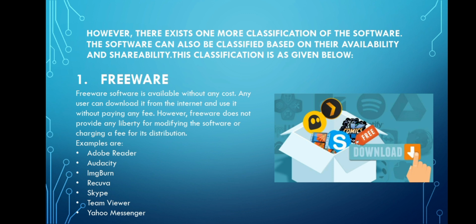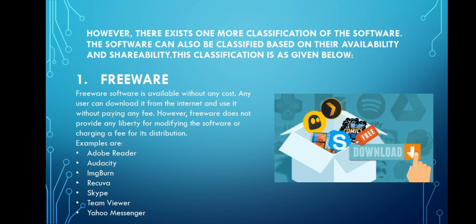However, freeware does not provide any liberty for modifying the software or charging a fee for its distribution. Ito yung parang sa Play Store, marami tayong dina-download dun na walang bayad.